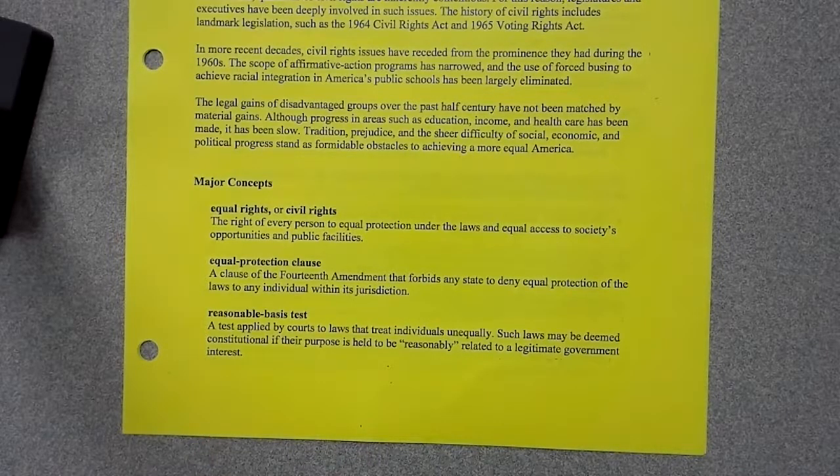The Equal Protection Clause, which is a clause of the 14th Amendment that forbids any state to deny equal protection of the law to any individual within its jurisdiction, which would be like they couldn't deny you because of your religion or your race or anything like that. It's saying that it applies to everybody, basically.